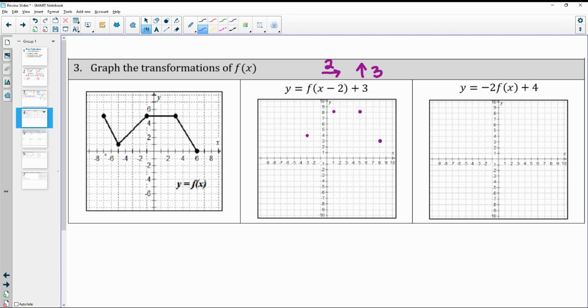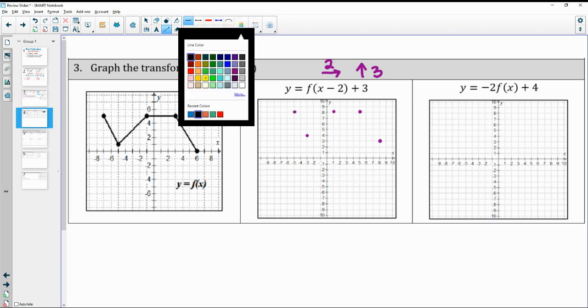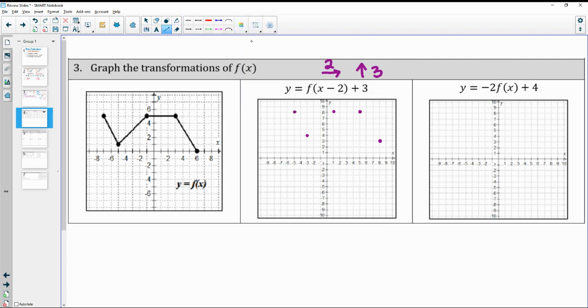And then this last point is at -7, 5. So if I go to -7, 5, we're going to go over 2 and up 3. And then you could just connect those. I'm going to use this segment maker here. So here's that graph moved to the right 2 and up 3.